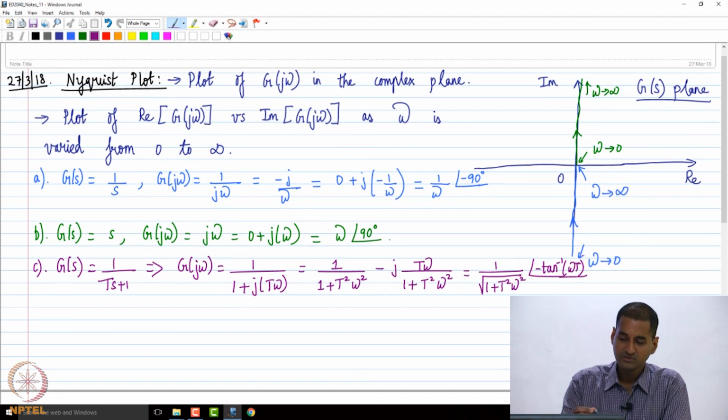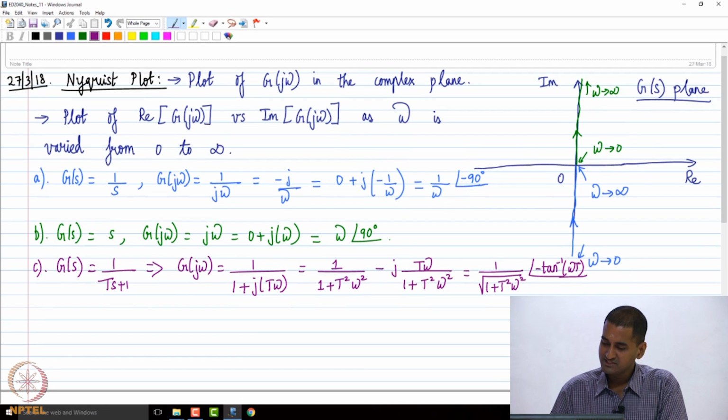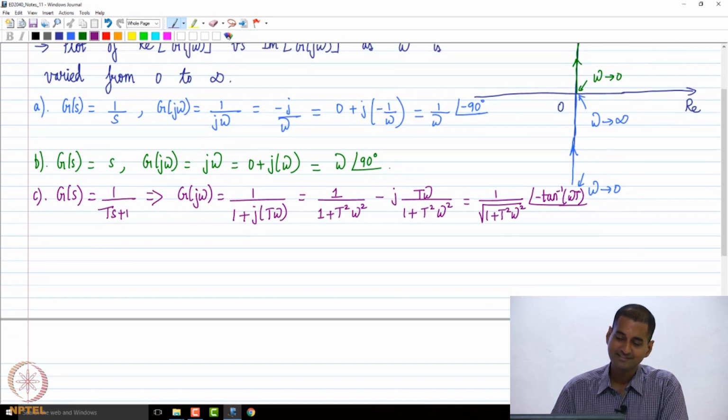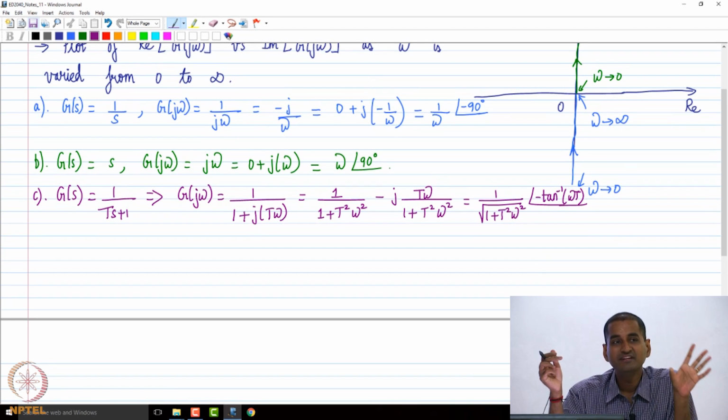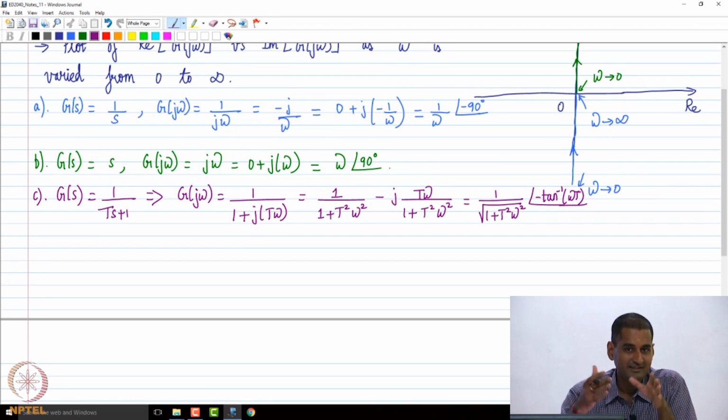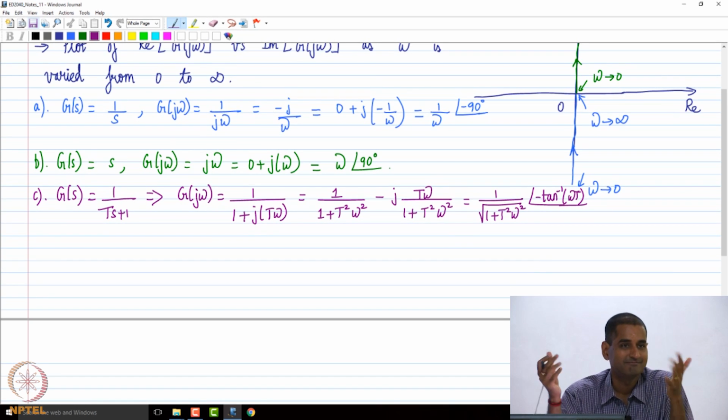Is it clear? Now I am just going to help you with something which is a good practice in plotting a Nyquist plot. As opposed to a Bode diagram, when you want to plot the Nyquist plot of a general transfer function, it is a little bit more challenging. In the Bode plot, you give me any transfer function, I break it down into individual blocks, plot the magnitude and phase of the individual blocks, and add them, that is it, right.